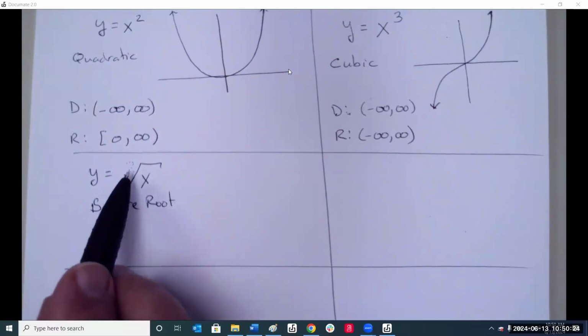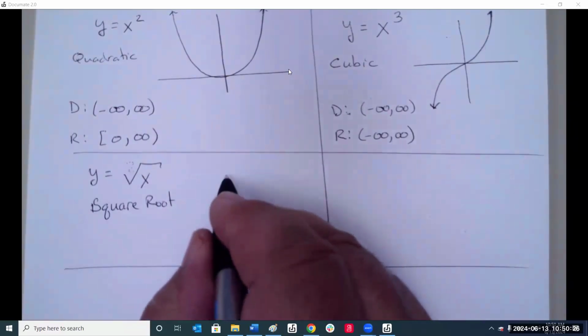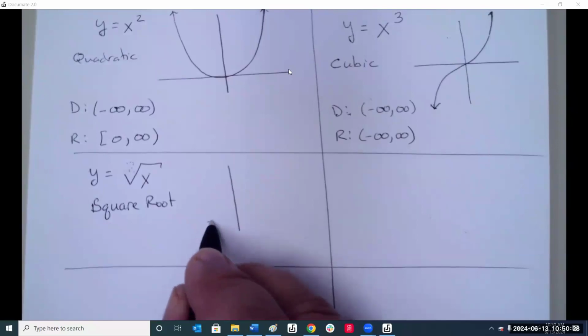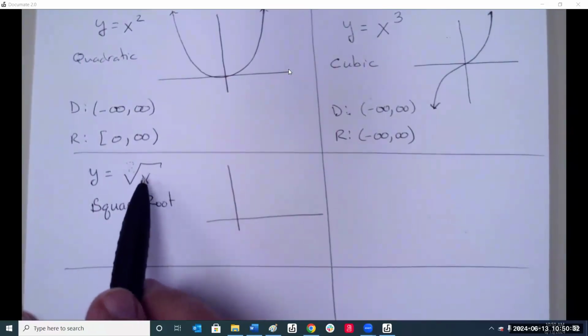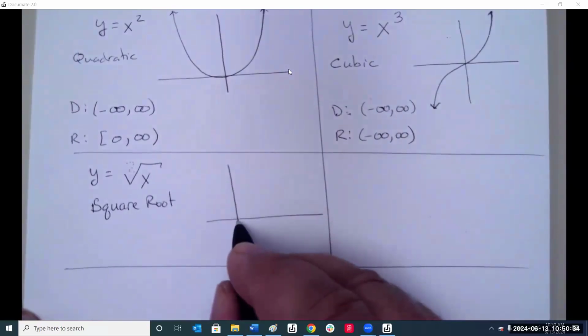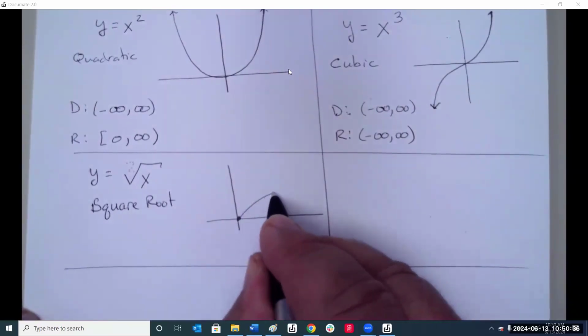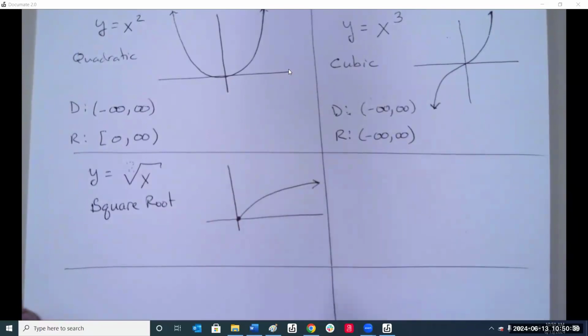The root is that number there. We know the smallest number that can go inside there, it can never be negative, is 0. So it starts off at 0 and it grows slowly. So it looks like that.